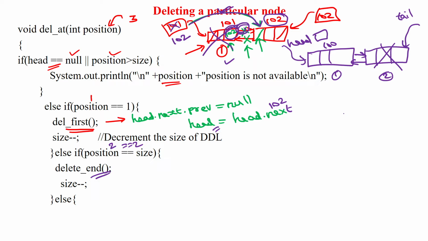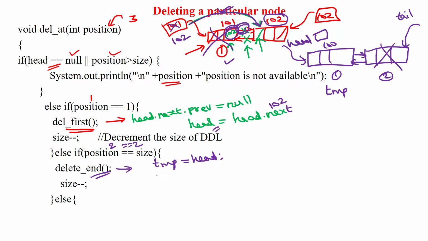So what is the deleting end method? First we have to move to the last node. For that we have to create a temporary variable, assigned with the head.